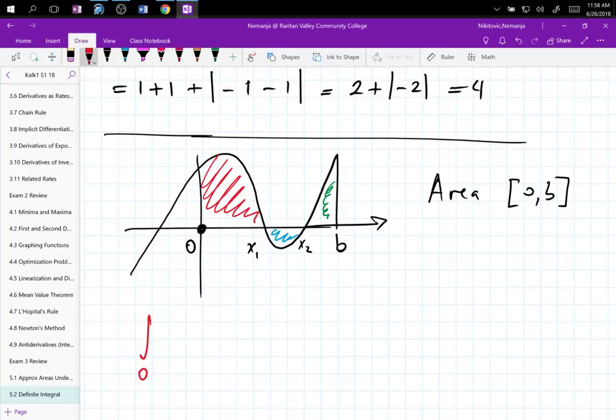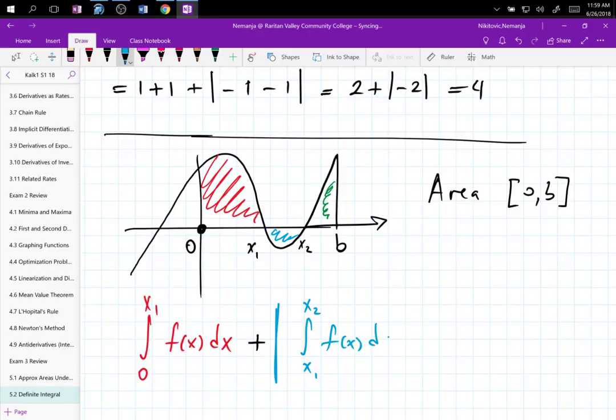So 0 to x1 of f of x dx, and then we have plus, and here comes the blue area underneath, so that's absolute value, and then we go from x1 to x2, dx, and then we finally have plus the third area, green, so that's going to be x2 to b of f of x dx, and then that calculates the area.